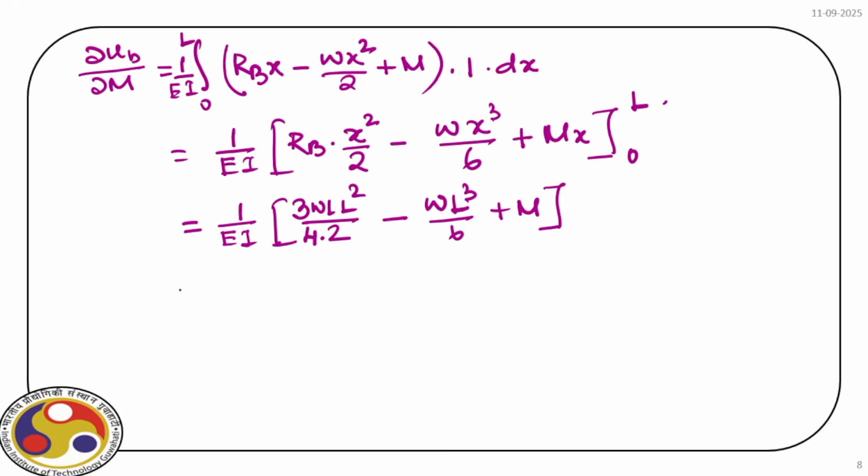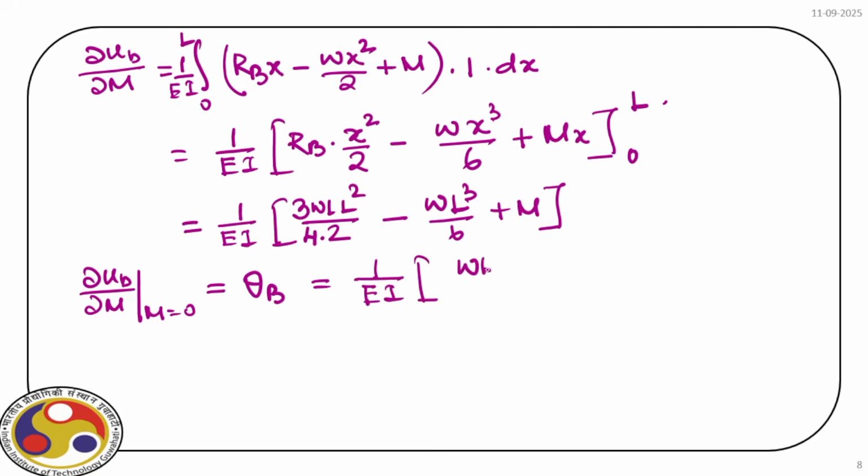Okay, so at this stage we can put M equal to 0 because that is a dummy moment, and what we get is theta B. So theta B is equal to 1 by EI, then we have omega L cube divided by 8 times 3 minus omega L cube divided by 6.